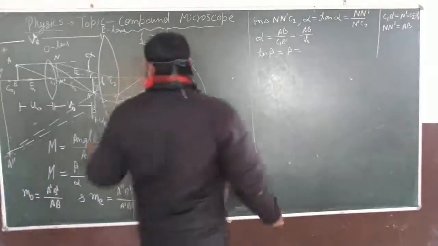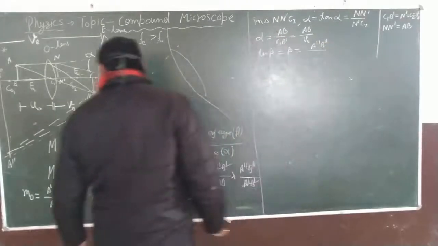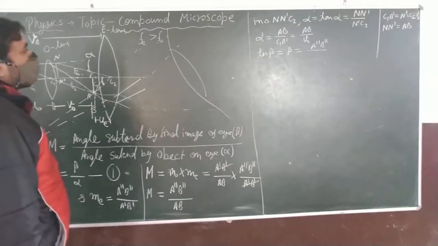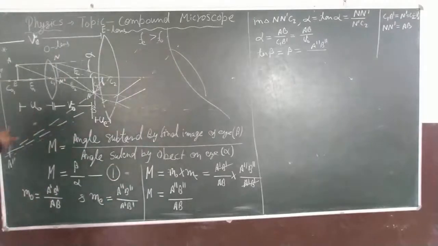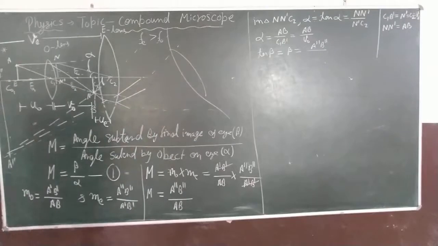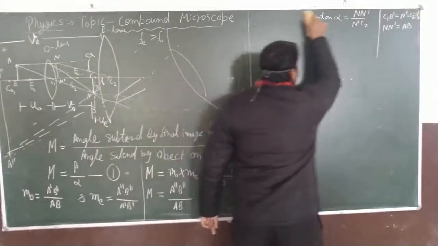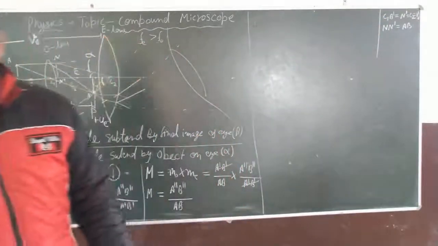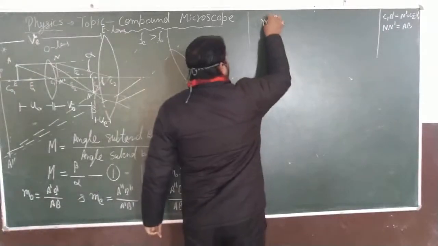Okay, so A double dash B double dash upon this is not required to be done here, because we need to use the magnifying powers.